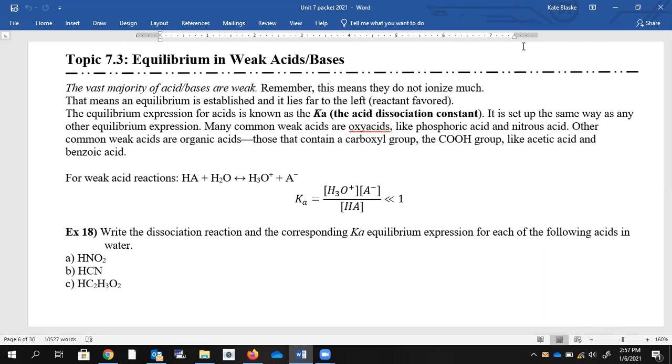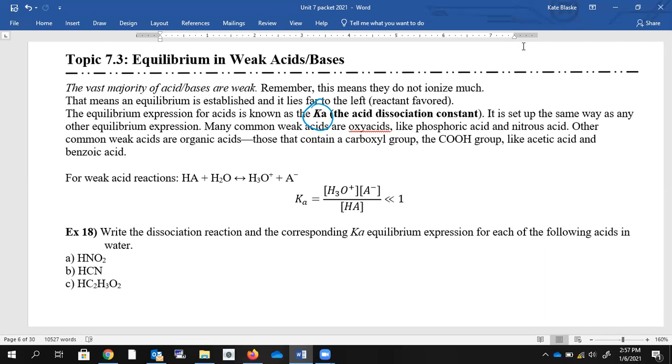So we are going to differentiate the equilibrium constant for acids and bases. K with a little a after it is the acid dissociation constant, or the acid equilibrium constant. And then likewise, Kb will be for bases. The magnitude of K works out the same way as it did for equilibrium.